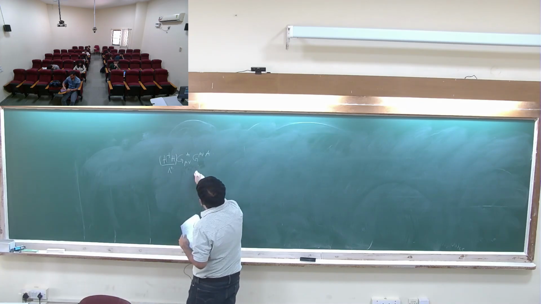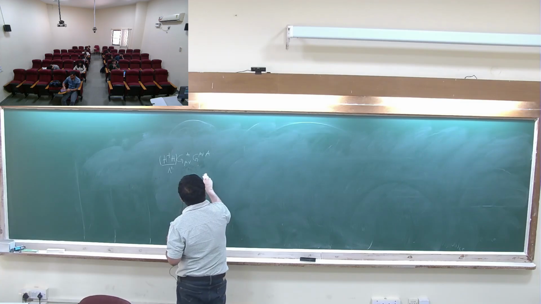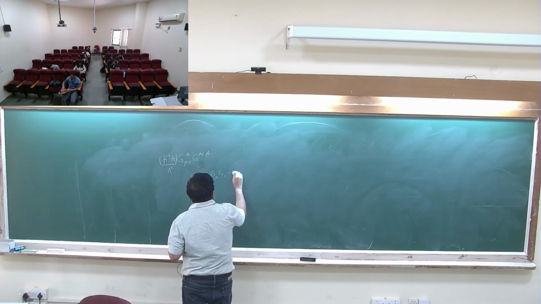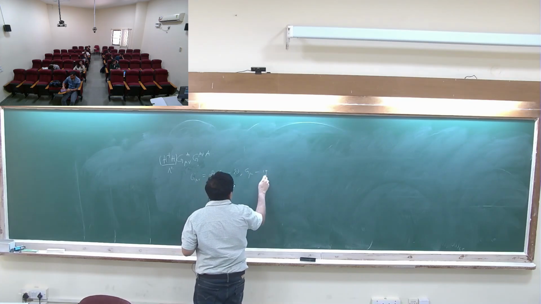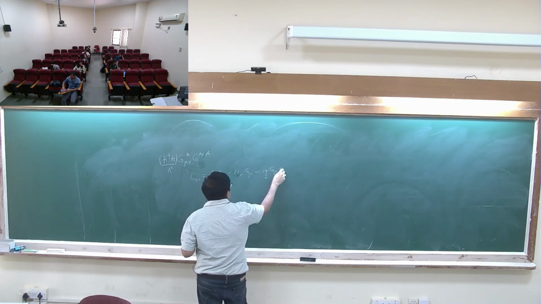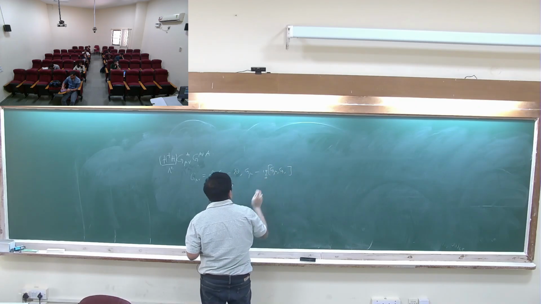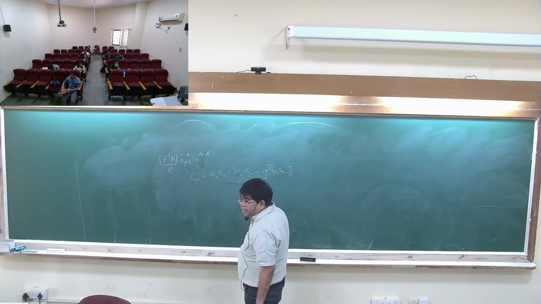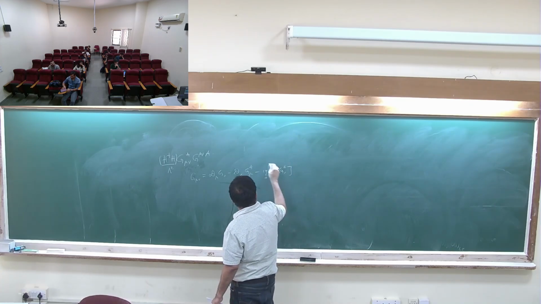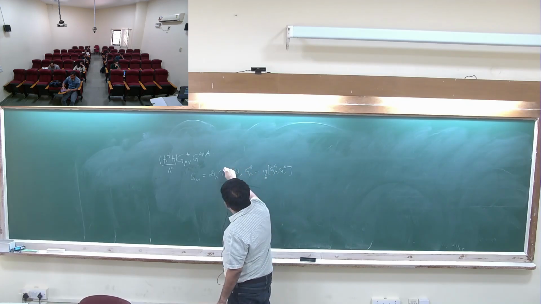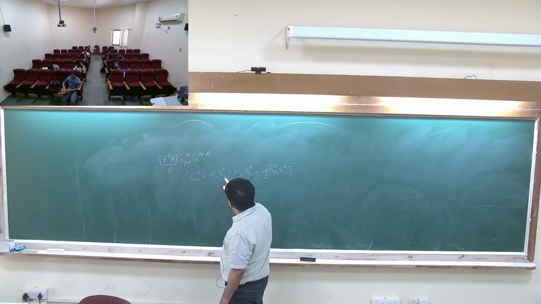Now G mu nu is what again? Remind me: del mu G nu minus del nu G mu minus i g. So this gives you the kinetic function.